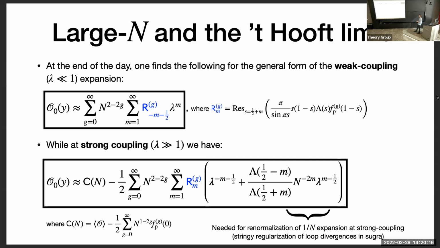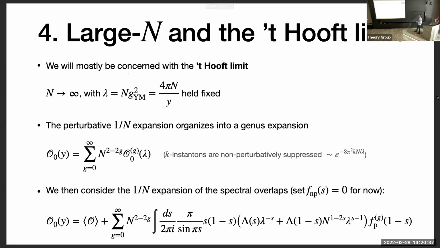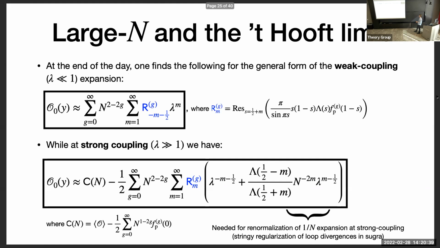So an interesting consequence of what I said earlier about the structure of the poles in FP, associated with the well-definedness of the weak coupling expansion, is that the strong coupling expansion proceeds in half integer powers of 1 over lambda. And moreover, because of the presence of this SL2Z partner term, you get these extra terms which are suppressed in 1 over N squared, but that come with positive powers of lambda.